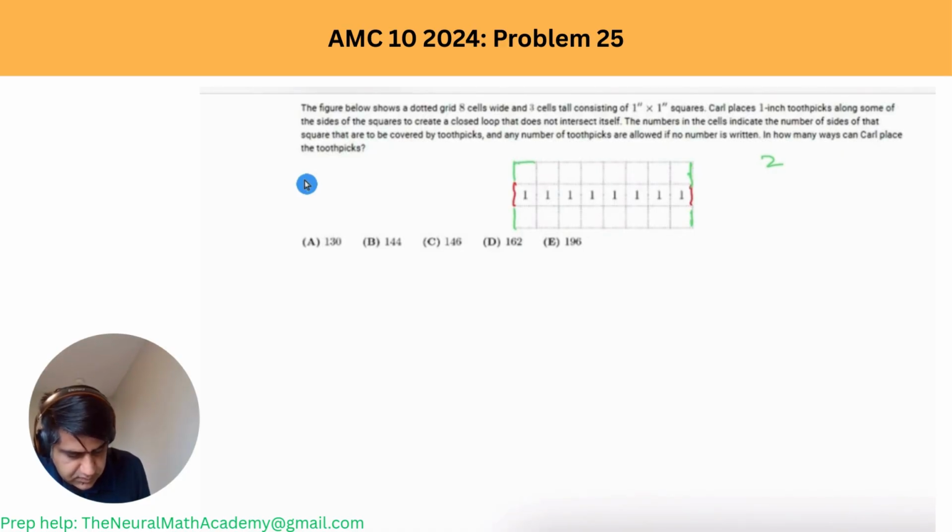Now we can create a path like this, and I can have something, let's say like this, and now I can have a path like this, right?